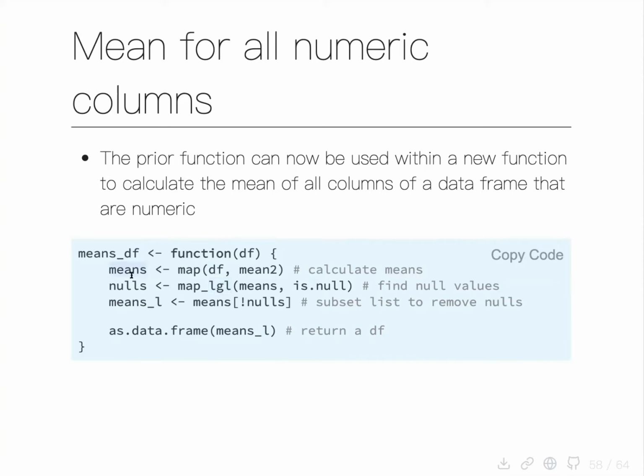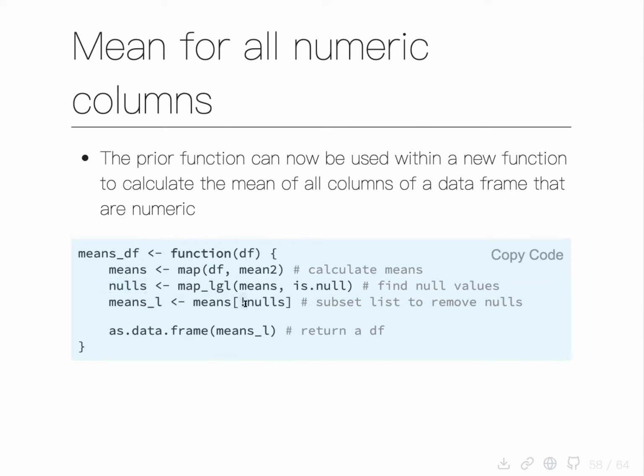So I have this means list, and I'm going to subset it where I'm saying, give me the means where it's not null. Nulls is an atomic vector where each element is TRUE if it's null and FALSE if it's not null, so I'm using the exclamation point here to reverse that.